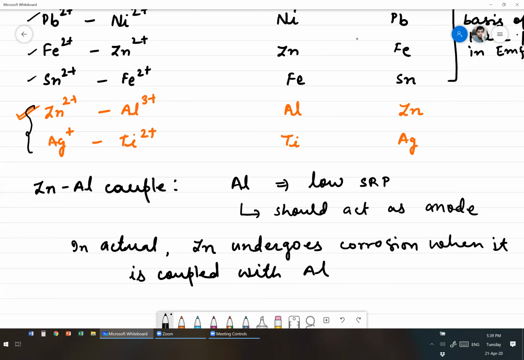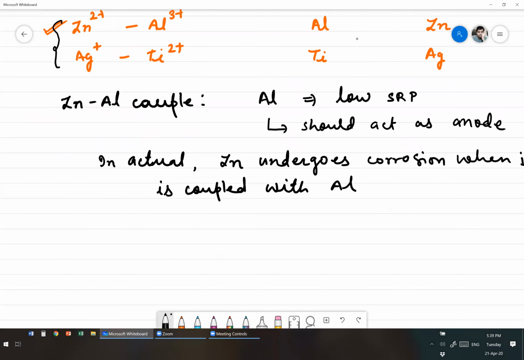This is because, now let's look at the other example we have taken here. Let me write about that also. What is there? The silver and titanium couple. In this case, the standard reduction potential of titanium metal is lower than the standard reduction potential of silver metal.